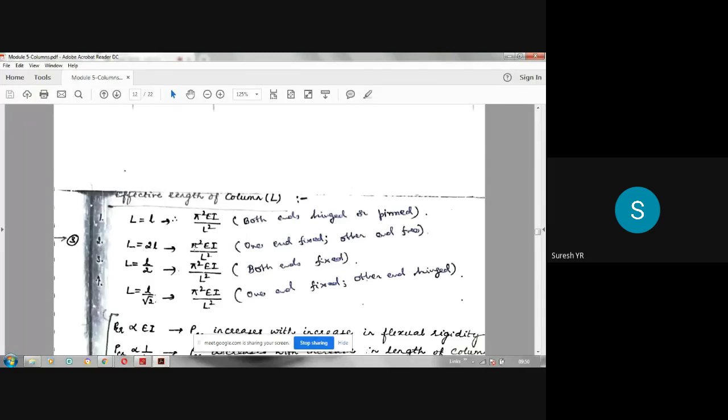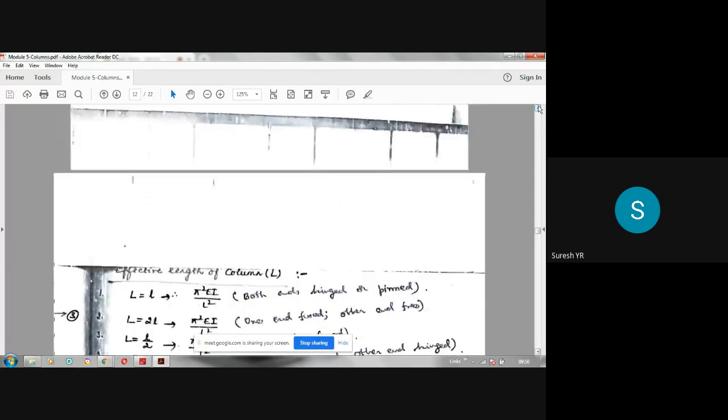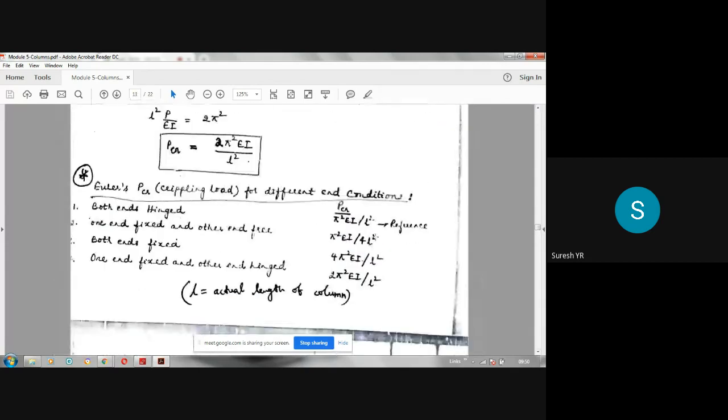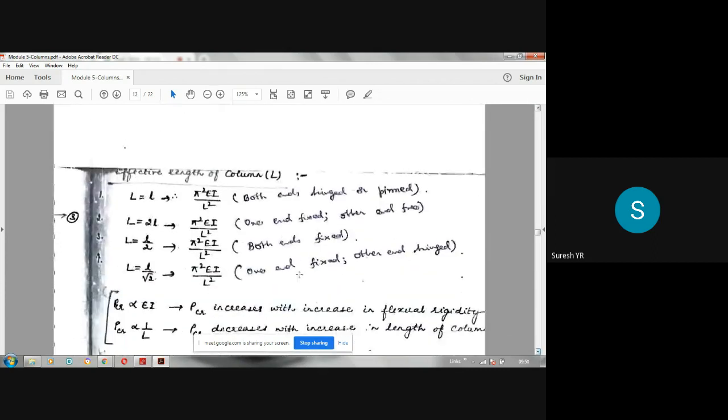Keeping pi square EI by L square the same, you can compare the denominators. Capital L square will be equal to 4 into small l square. Compare the two formulae: capital L square is equal to 4 small l square, so taking the square root on both sides, capital L is equal to 2 small l in the second case.